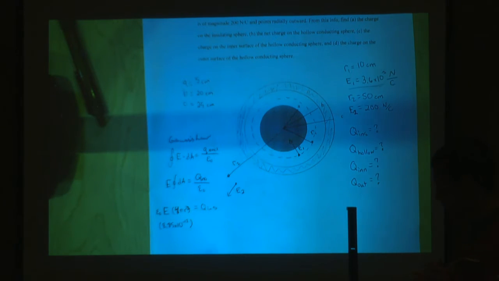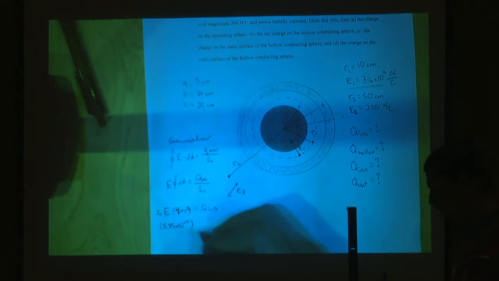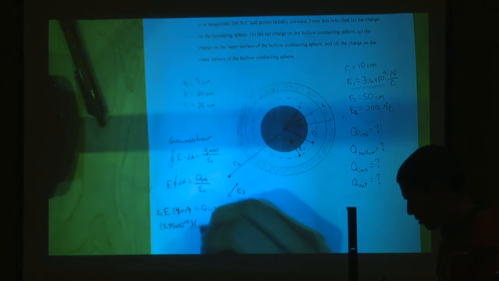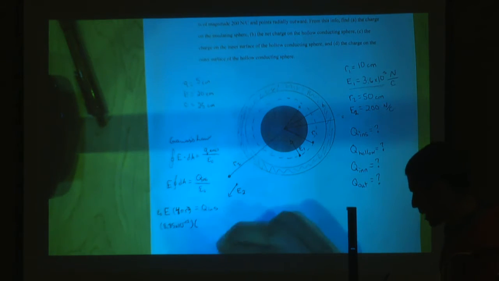But right now I have a lot of writing to do, not a lot of space, and I've done this problem before. We're missing the units. Plus, I'm not really sure what the units for epsilon naught is.